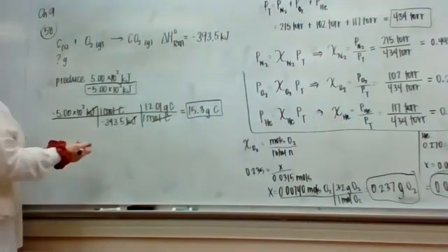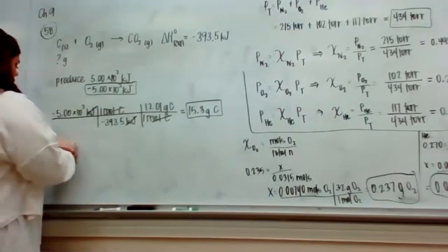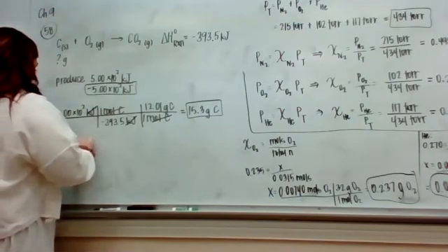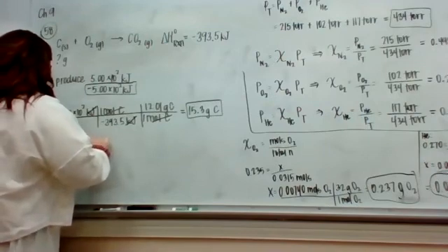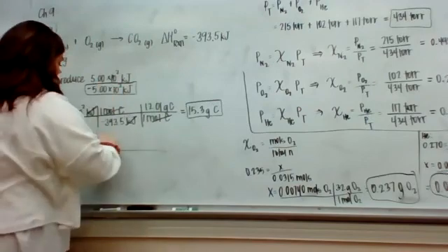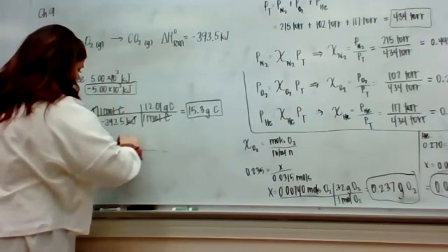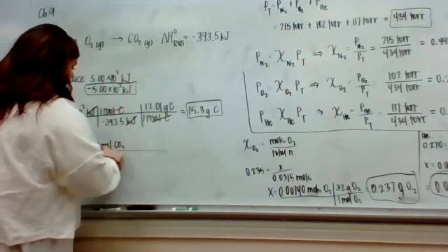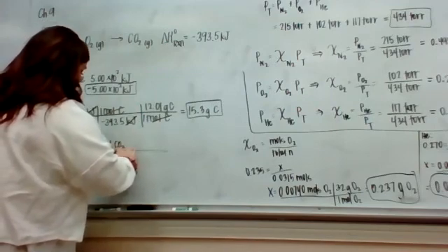We'll just do CO2. Everything stays the same, except it's 1 mole of CO2, which gives 393.5 kilojoules.